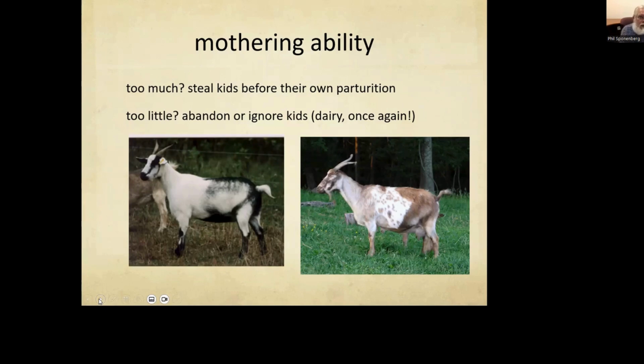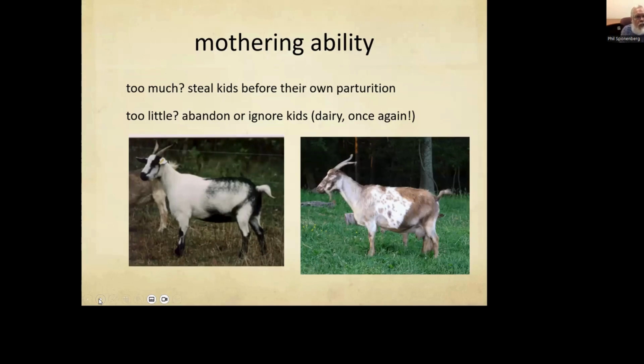Now, too little mothering ability is also a disaster, right? They can abandon kids, they can ignore kids. Now, dairy goats, once again, this is not intuitive. Intuitively, we think that the more milk production, the better the mother, everything's fine.